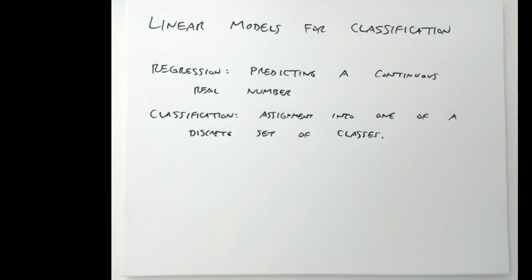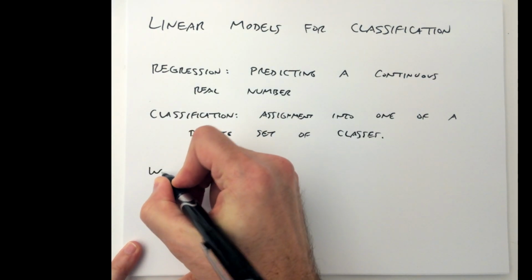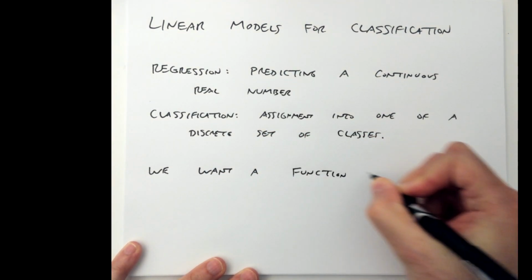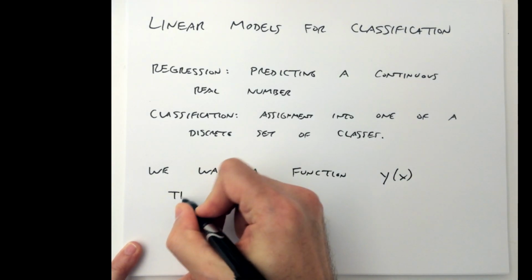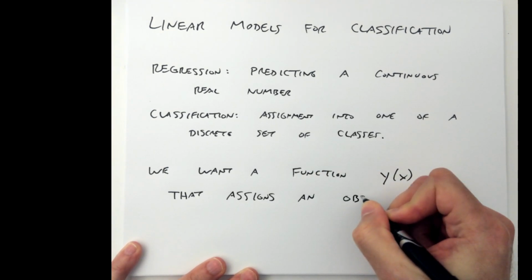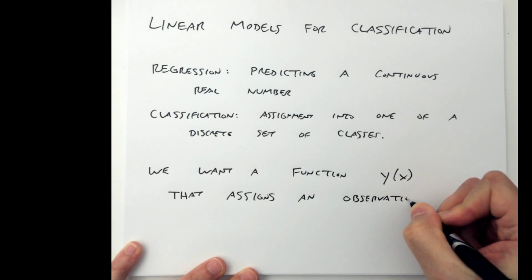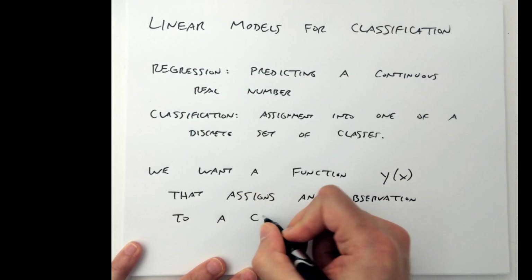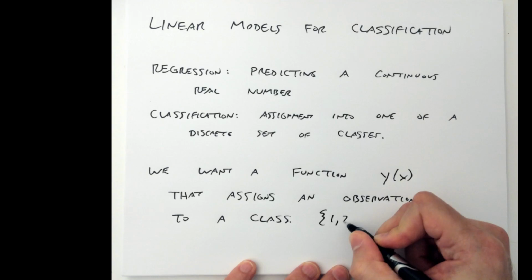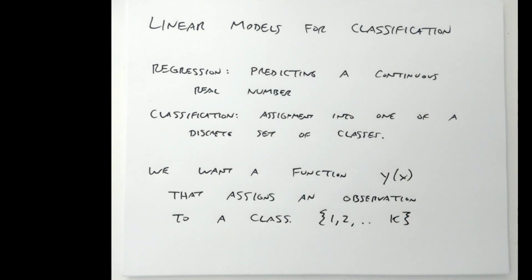So basically, the key thing we're going to do today is find a function that assigns an observation to a class, right? So we want a function y of x that assigns an observation to a class, right? So the classes, for the sake of argument, let's just suppose we have k classes, 1 through k.